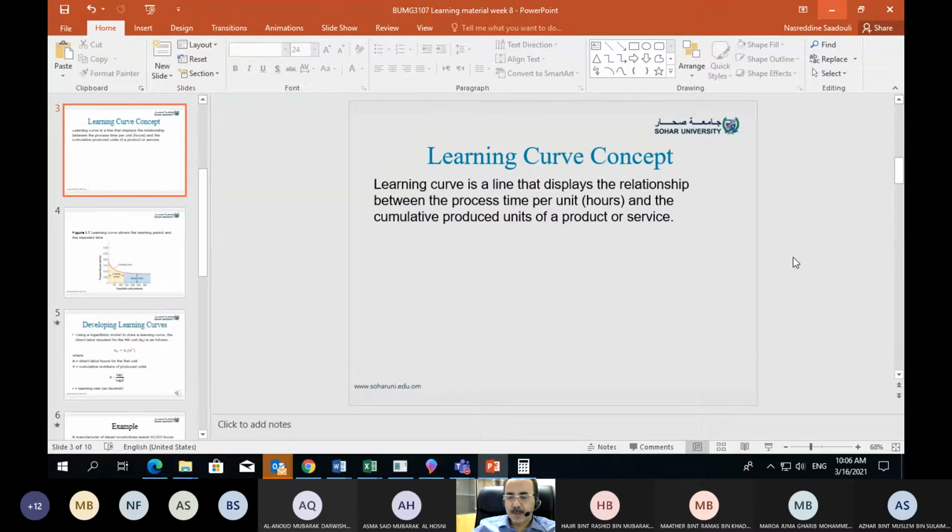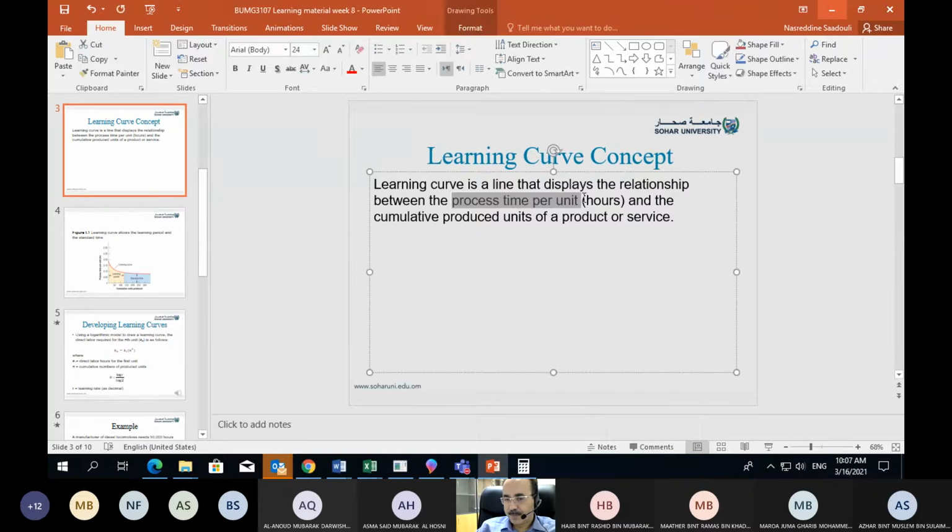All right. So the question of determining the process time per unit is critical. And the learning curve concept deals with this question. How do I determine how much time it's going to take me down the line to make a given unit of product?